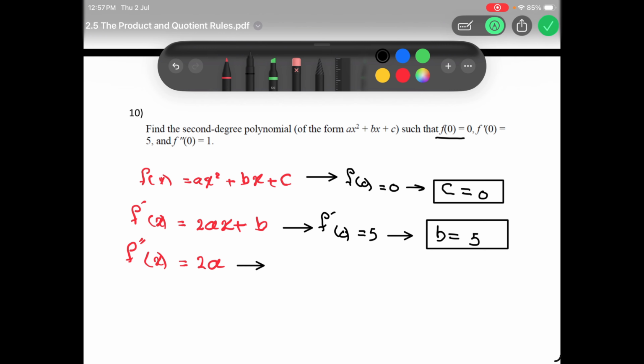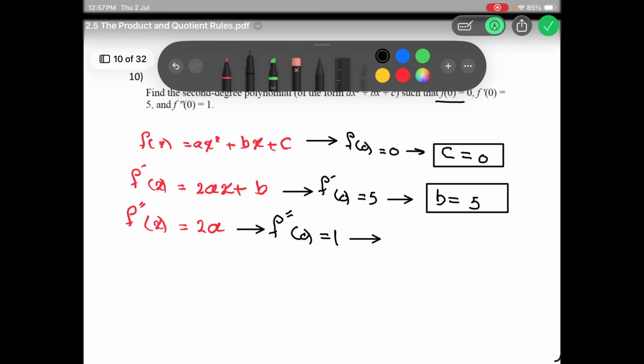Last on the list I have f double prime of 0 equals 1. We end up with f double prime of anything will be 2a, because 2a is constant. So 2a equals 1 means a equals 1/2.